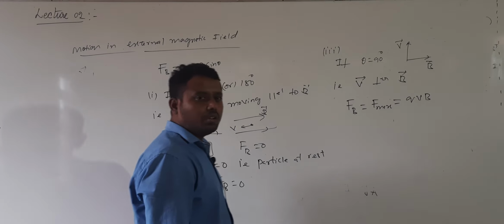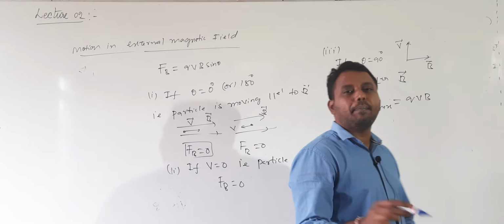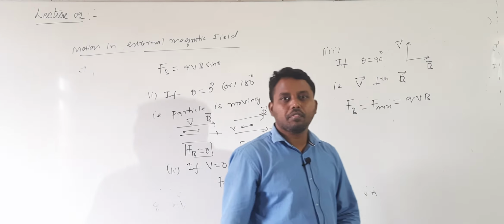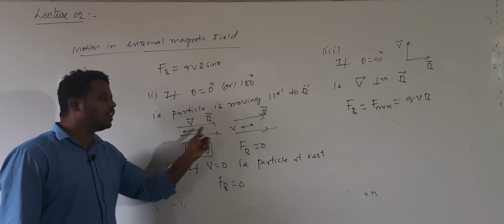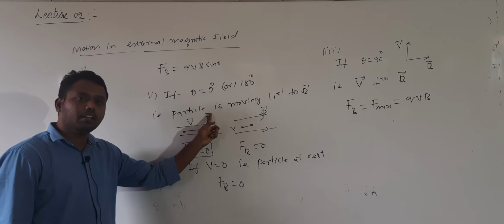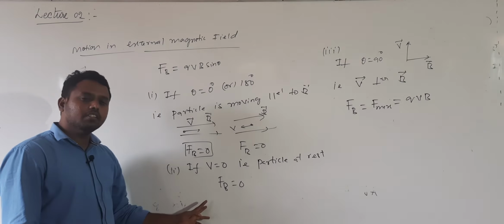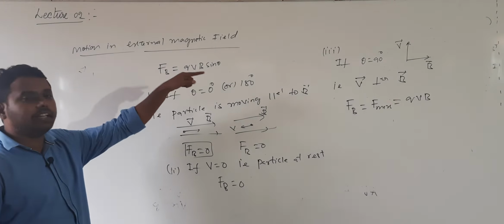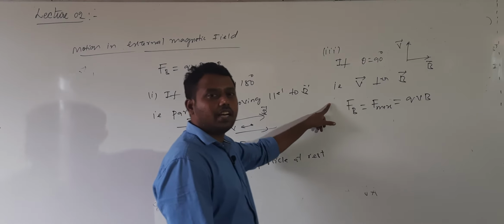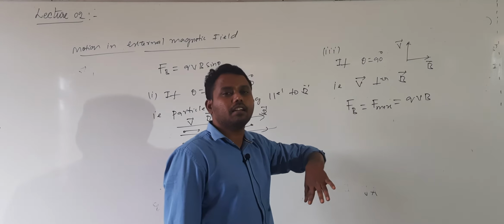Okay? So no doubt the force acting on the particle is not zero. Where the force is zero, the particle will remain moving in the same straight line path. Here the force is there, but it is acting perpendicular.